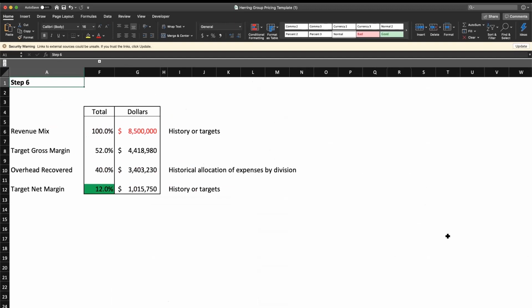We've got $8.5 million of revenue, 52% gross margin, going to recover 40 points of overhead, because that's what our overhead's been running, and we have a target net margin of 12. Now, the problem with that is it's interesting, it's accurate, but how do you act upon that? You don't. You can't.